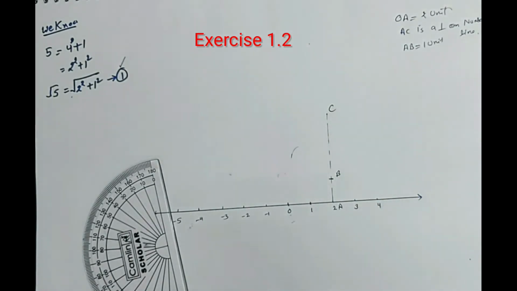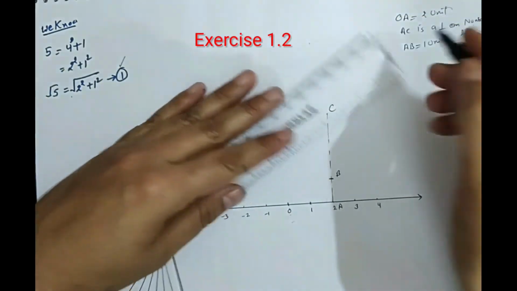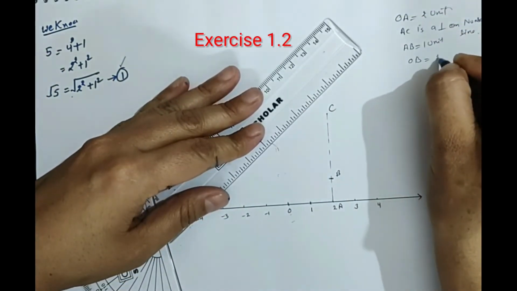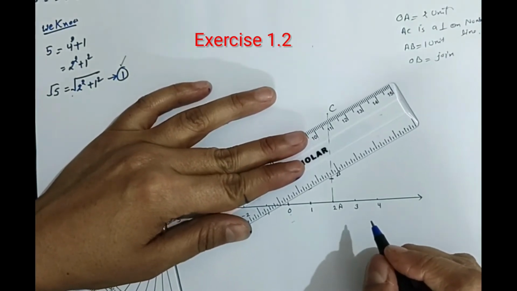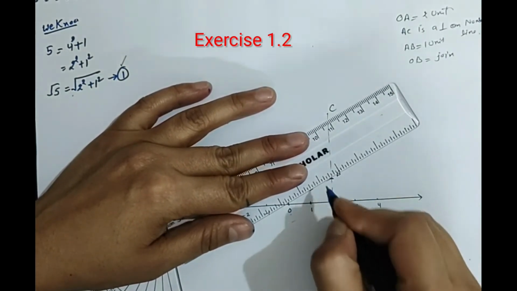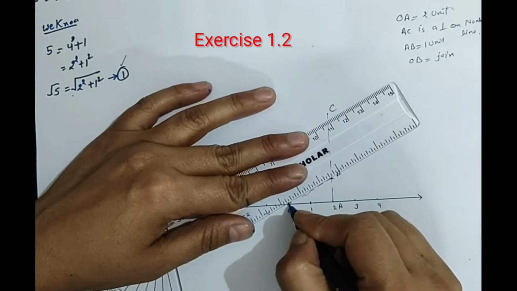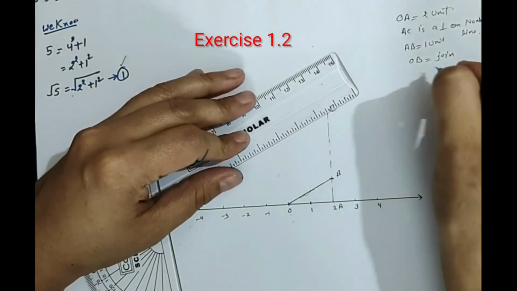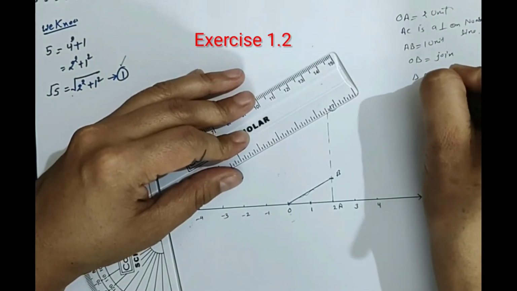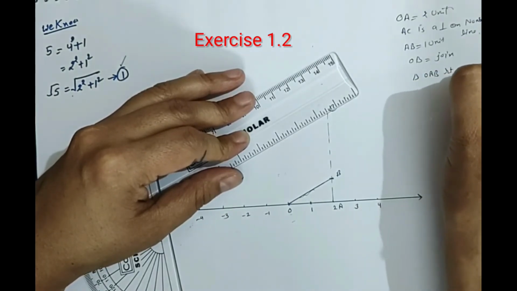So from here I will join O and B. Next step is join OB. Correct. So this triangle OAB is a right angle triangle.